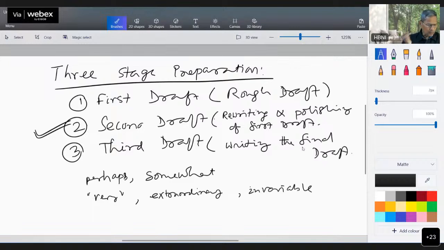Also avoid expressions such as it seems, there may be, since. And if you have a lengthy sentence, you have to break it down and rewrite.